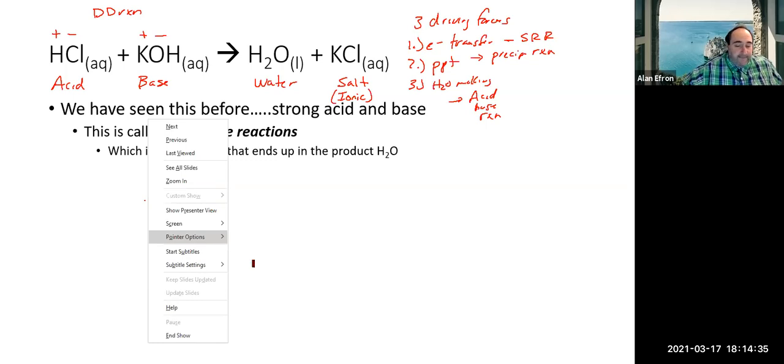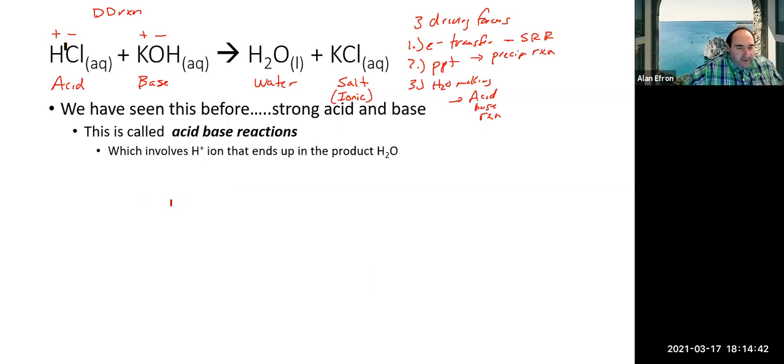So what ends up happening in this case is the hydrogen, which is positive in the first guy, will then go with the hydroxide, which is negative in the second guy. And when H plus and OH minus come together, that is always, in the case of an acid-base reaction, where our water comes from.